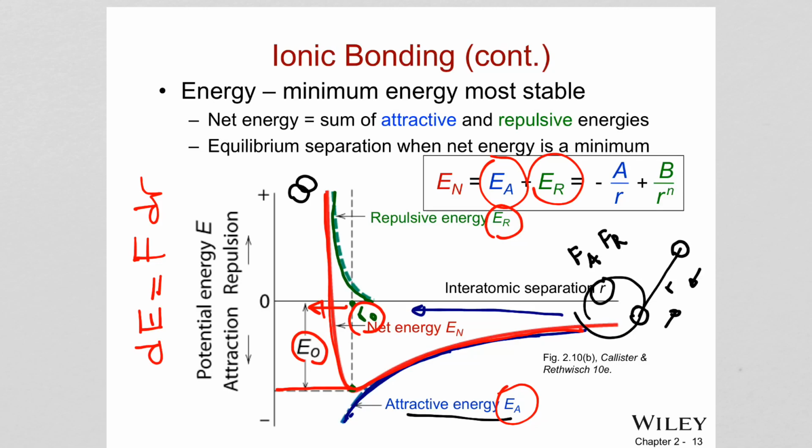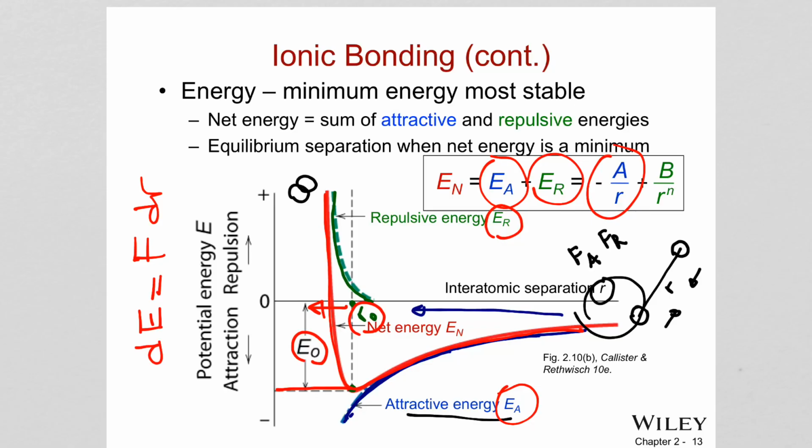It has been found that the attractive energy is related to the interatomic distance through this equation: minus A over R, where R is the separation distance and A is a constant.